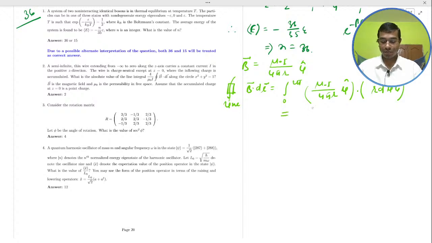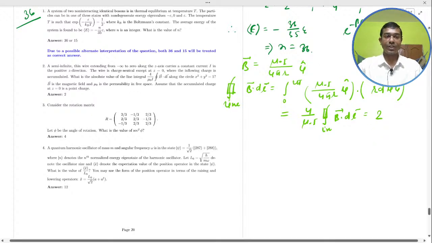So 4 by mu naught I times the line integral of B dl would become 2. Okay, 2 would be the correct answer.